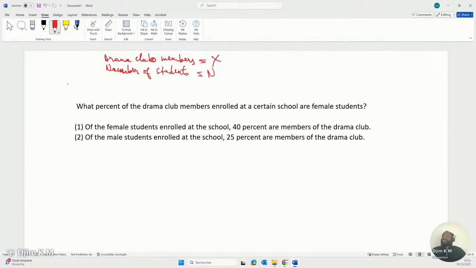The first condition says of the female students enrolled at a school, 40% are members of the drama club. So we have N, which is the number of students, made up of female and male.